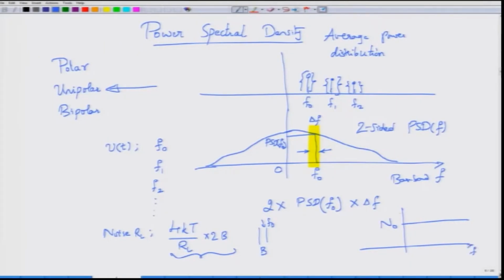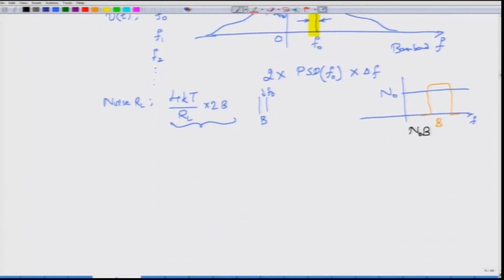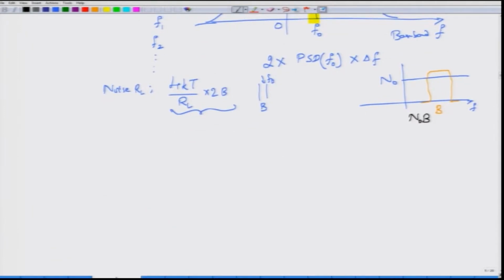Then if you consider a filter whose bandwidth is B, the total noise in this bandwidth is given by N0 into B. So, this is the power spectral density, and it is usually measured in volt square per hertz in the typical noise phenomenon, or you can measure it as watts per hertz, because N0B has to turn out to be in watts. So, this is about the idea of power spectral density.